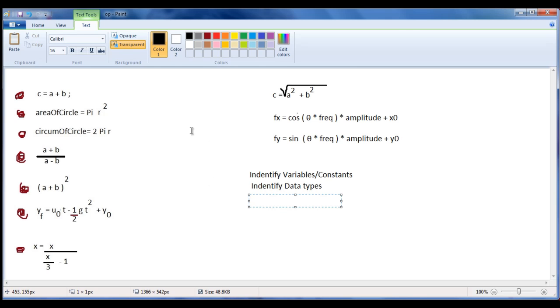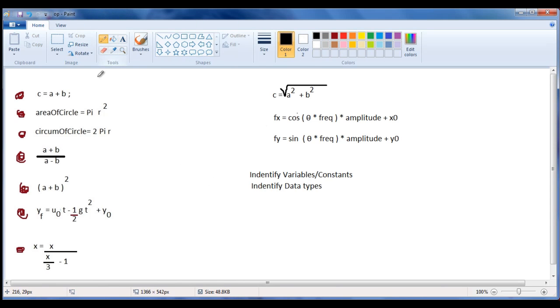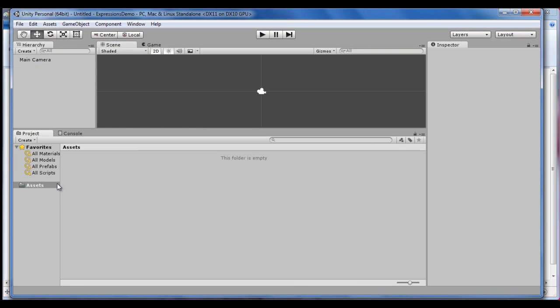Let's take an example for this. The first example is C is equal to A plus B. Let me create one C# script.